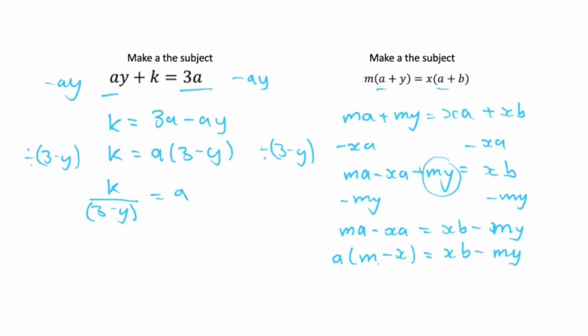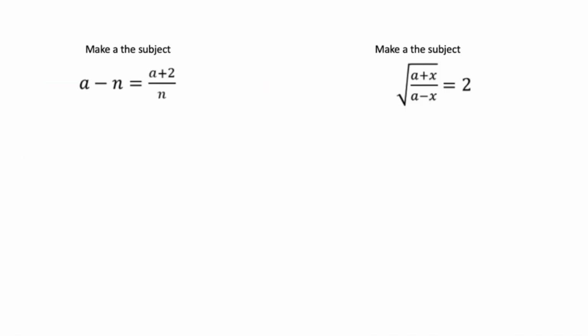Then you divide both sides by bracket m minus x. So then this will give you a equals xb minus my over m minus x.